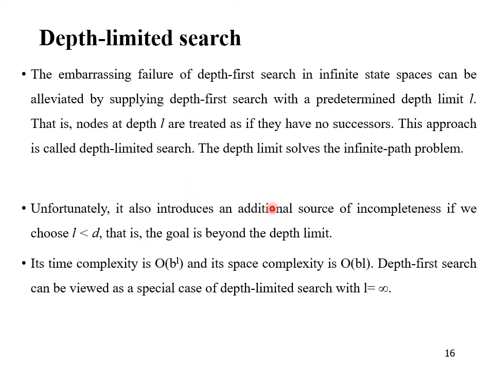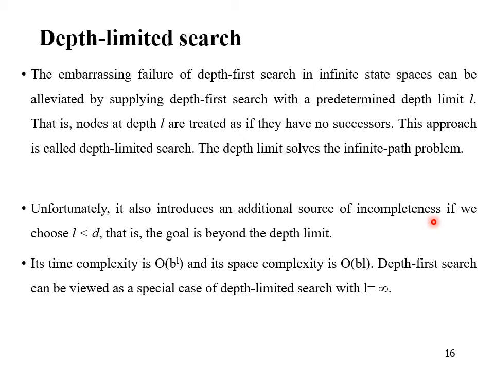Unfortunately, it also introduces an additional source of incompleteness. If we choose L less than d, the goal is beyond the depth limit. It means that if your goal is deeper than this limit, then this searching algorithm is incomplete.